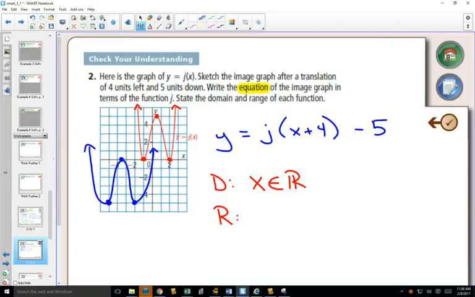Sometimes if you're wondering if the domain isn't everything, you can ask yourself, is there an x value that this graph never hits? There would have to be an asymptote drawn on our graph to show that it never goes past that, or there'd have to be a hole in our graph, but this graph has none of those things. So x can be everything.